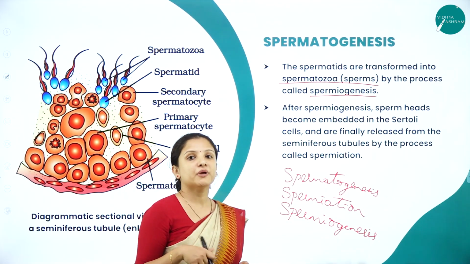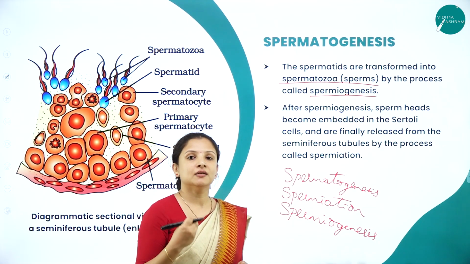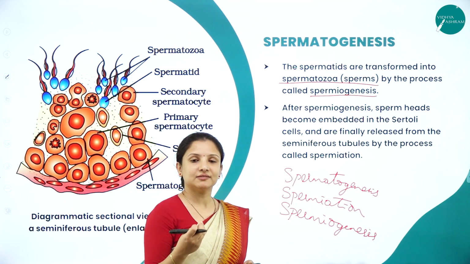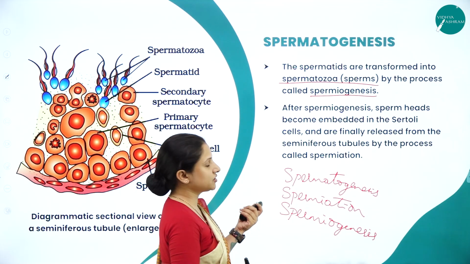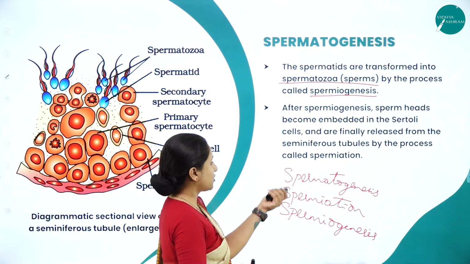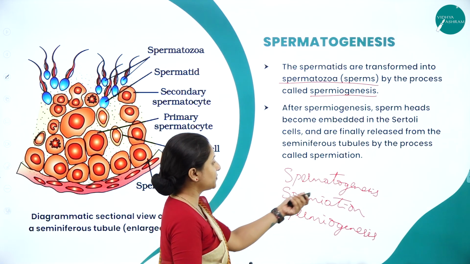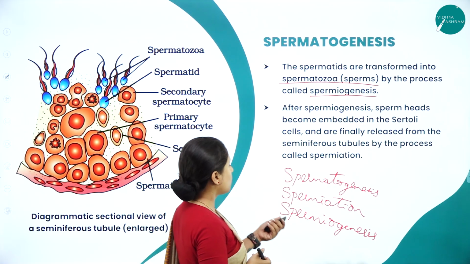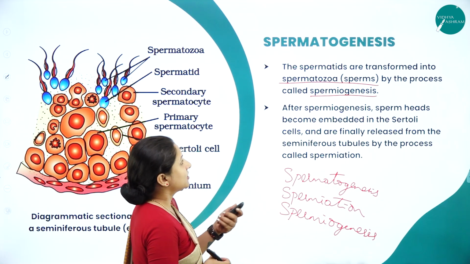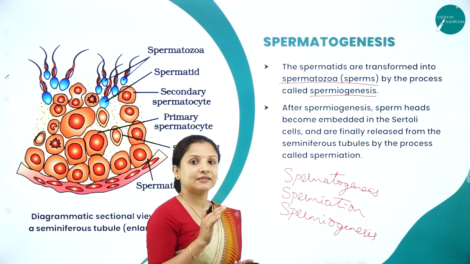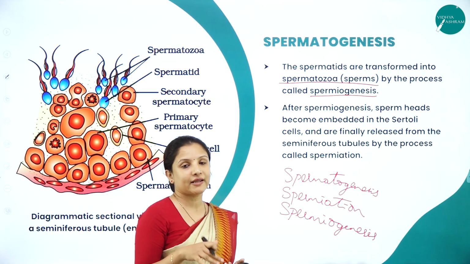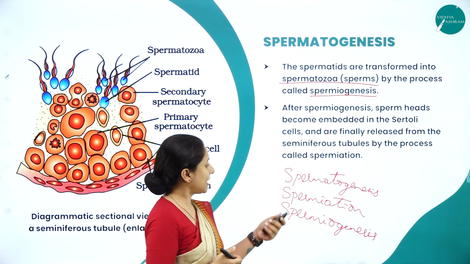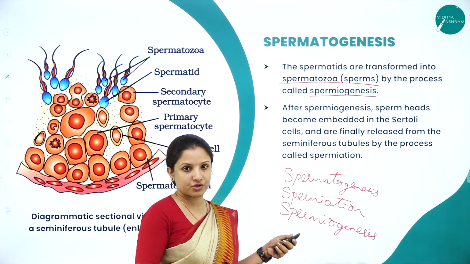It is the formation of the sperms inside the seminiferous tubules, from the cells of the seminiferous tubules, the spermatogonia. What is spermiation? The release of the sperms is called spermiation. What is spermiogenesis? The spermatids get converted into sperms. That process is called spermiogenesis.